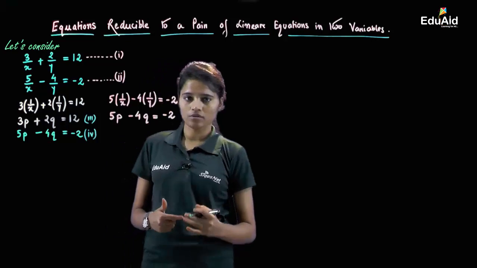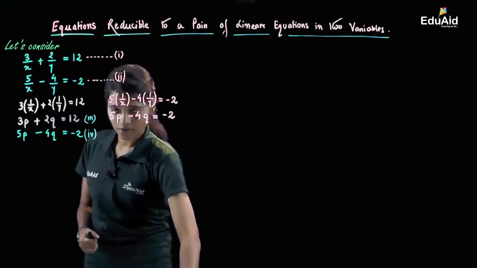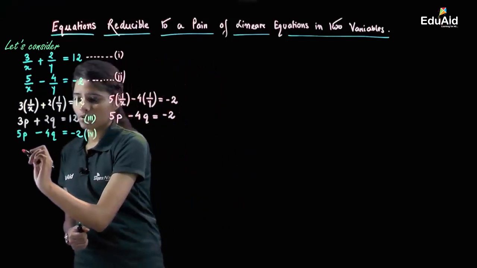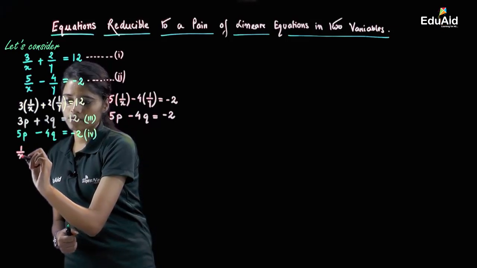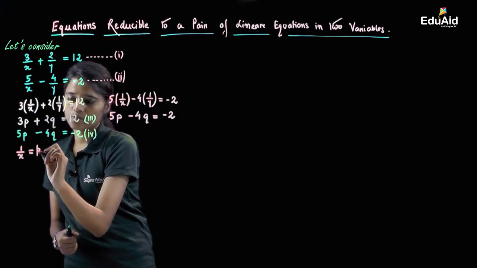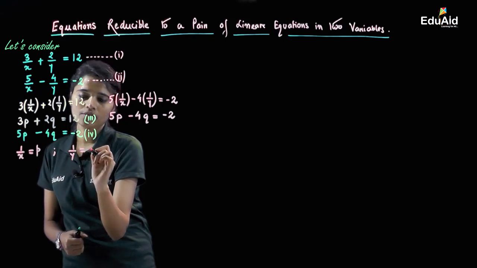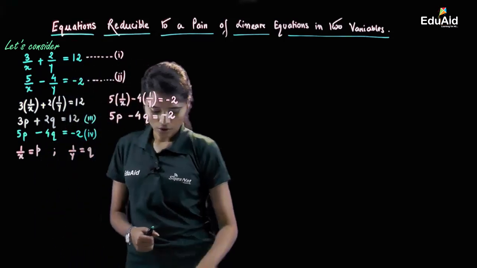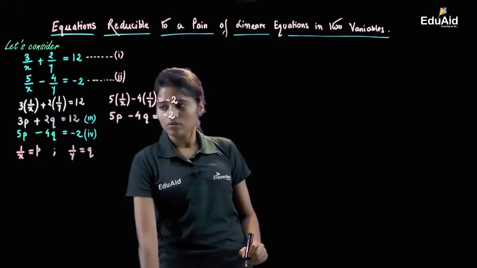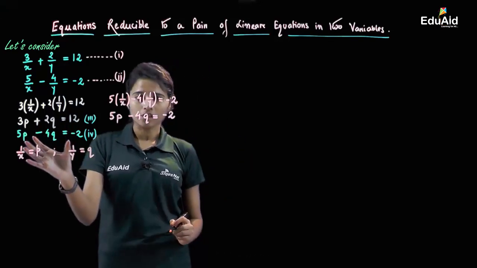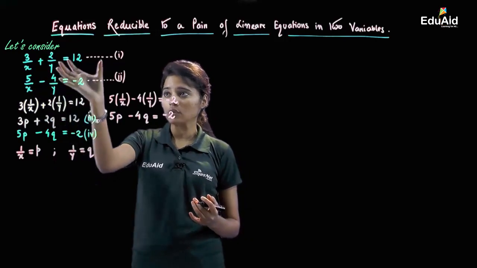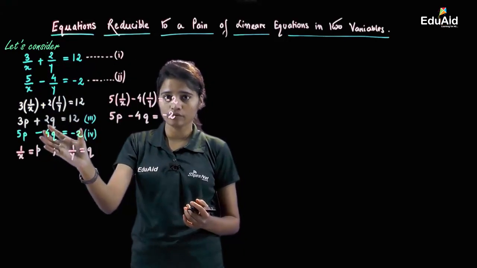So what we have done in the substitution is, we have substituted 1 by x as p and 1 by y as q, okay. See, these are converted, or reduced. We have reduced equations 1 and 2 into linear form.